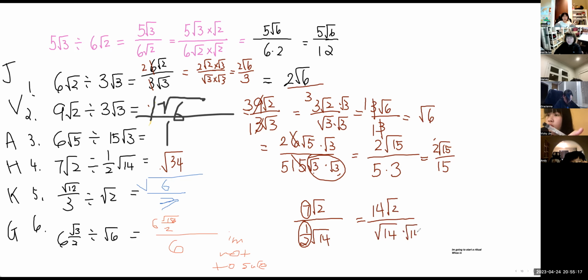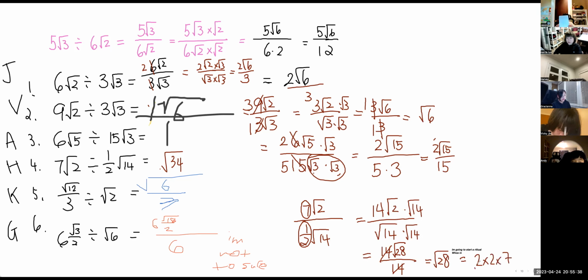We cannot have square root 14 here, so times square root 14. So the answer is 14 square root 28 over 14. 14 and 14 are gone, so the answer is square root 28, which is 2 times 2 times 7, right? So it's 2 square root 7. Good job, Kelvin.